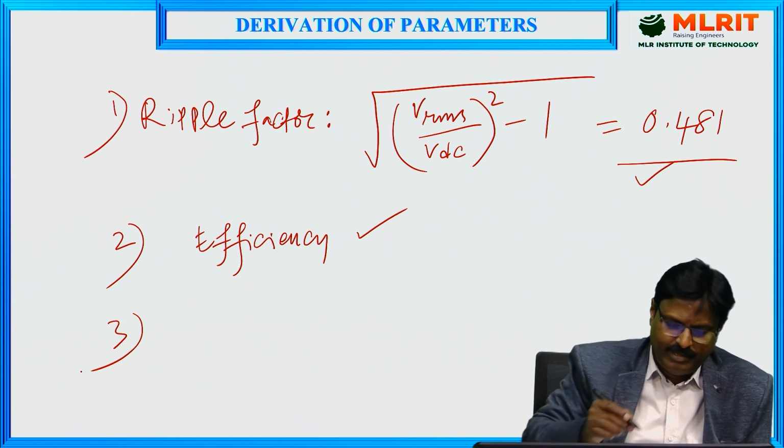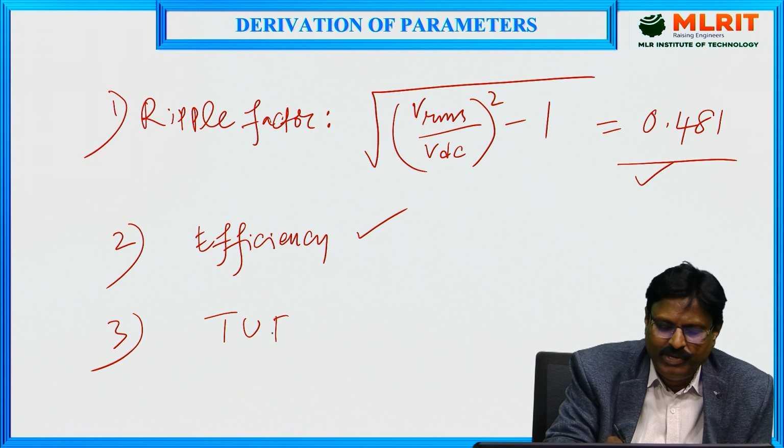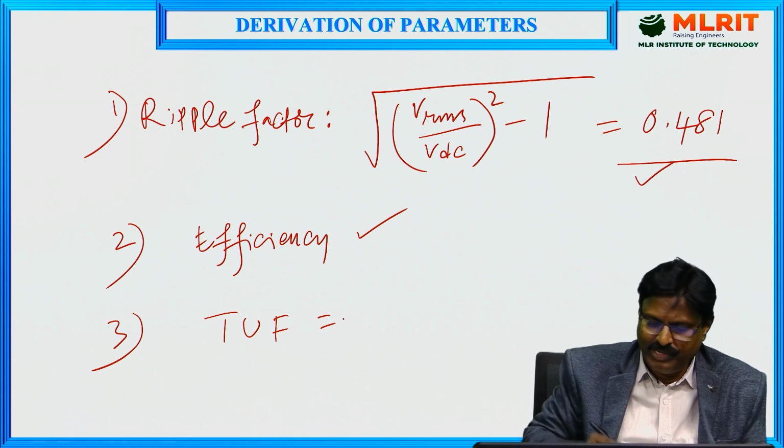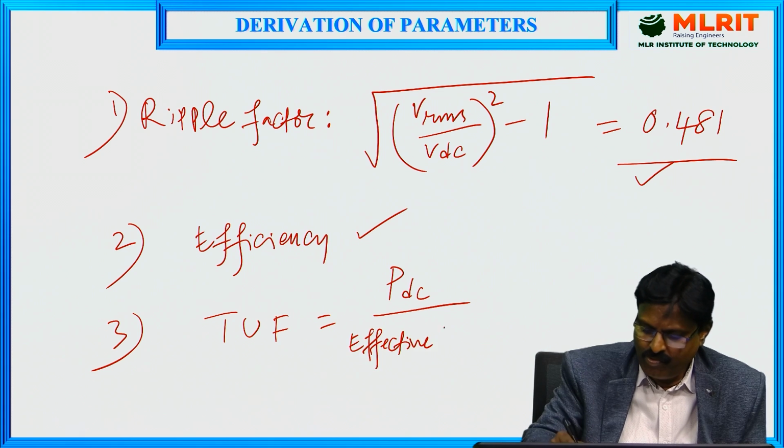And here the transformer utilization factor, that is called as TUF. So TUF is equal to, the formula is PDC by effective volt ampere rating of transformer.